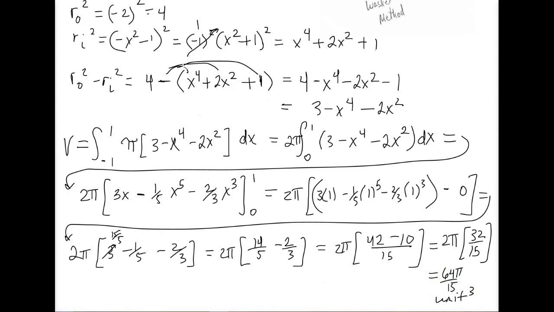So we see, based upon where the axis of rotation is placed, that's going to let us know whether we're going to use the disk method or washer method. And of course, in the cases where the area and the axis of rotation doesn't have a gap in it, we know that we're going to use the disk method, whereas if it does have a gap in it, we use the washer method.